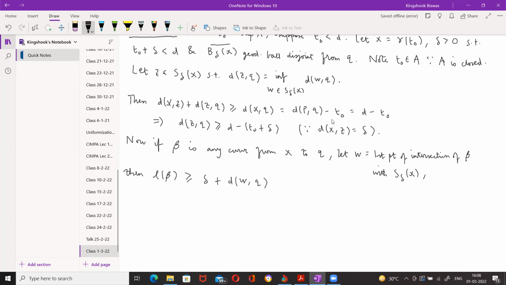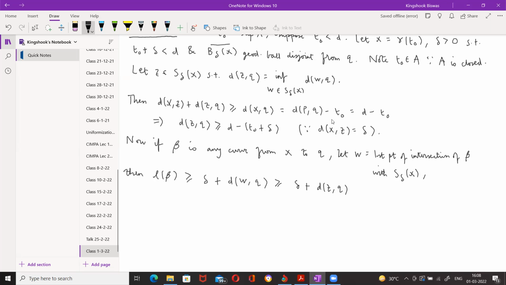And by our choice of Z, this is greater than or equal to delta plus the distance from Z to Q, because Z minimizes the distance from points on the sphere to Q, right?